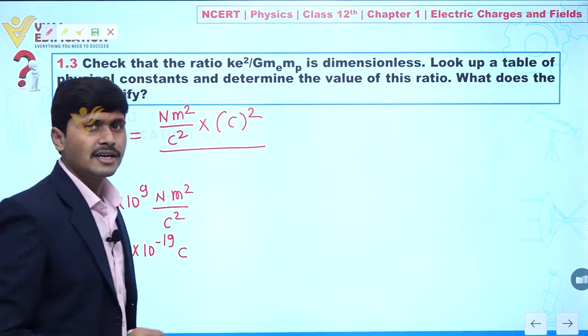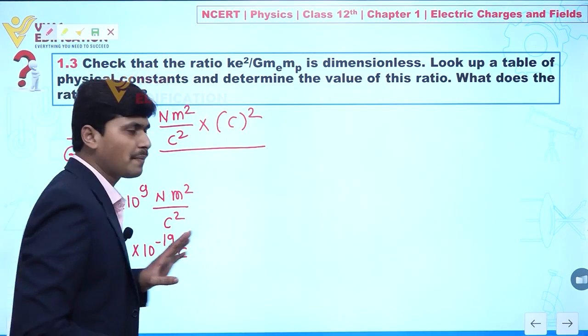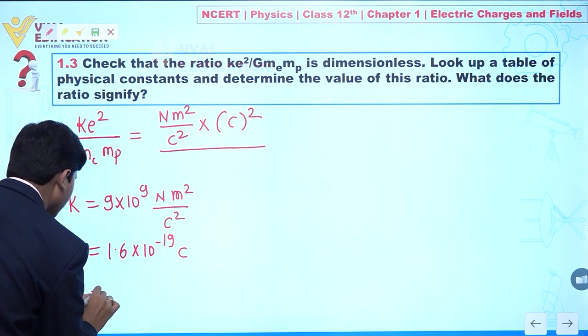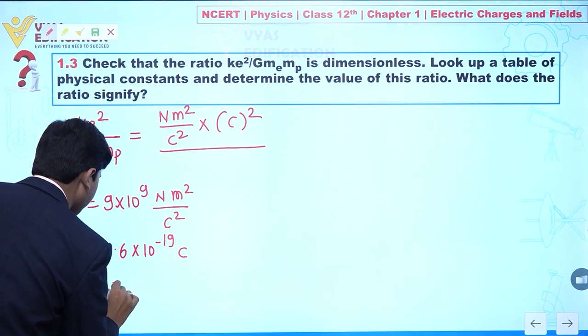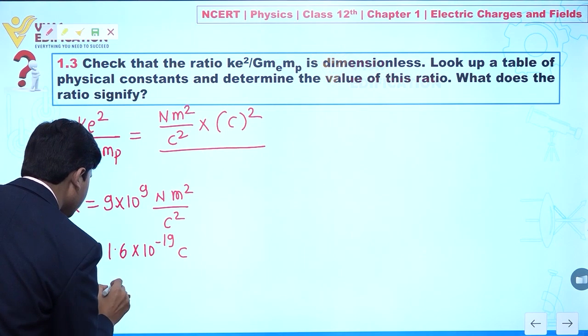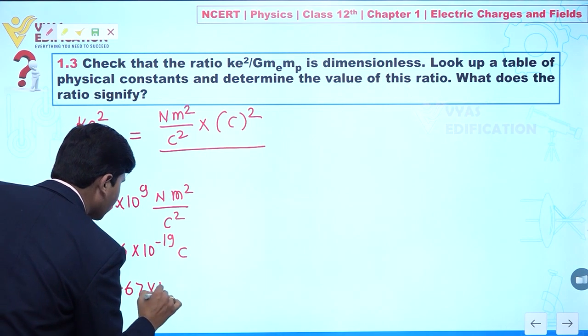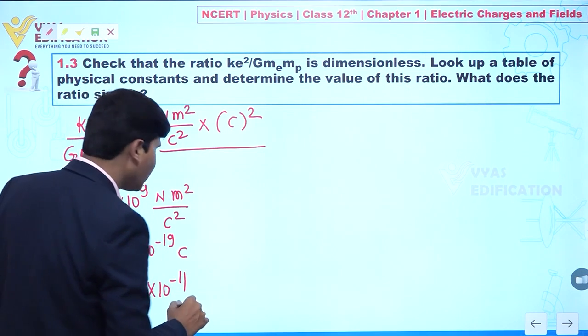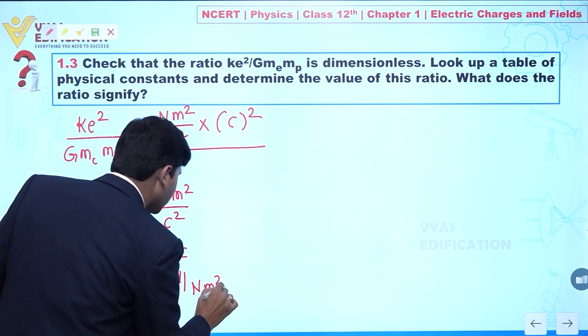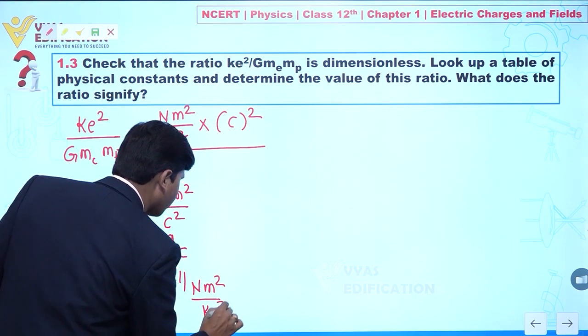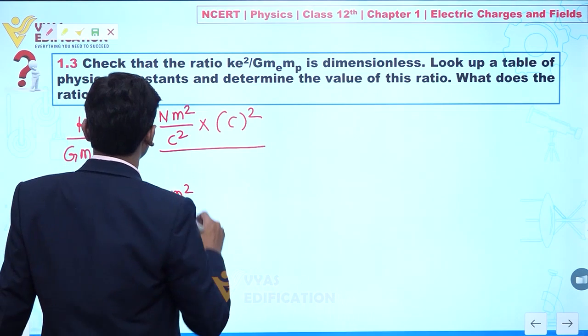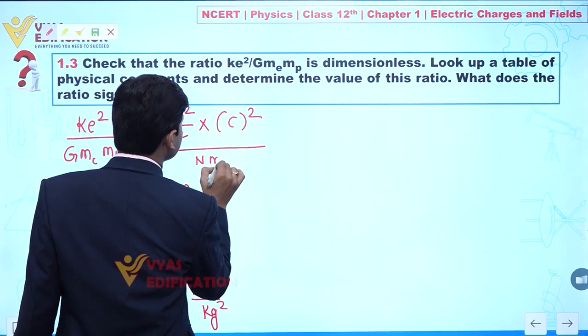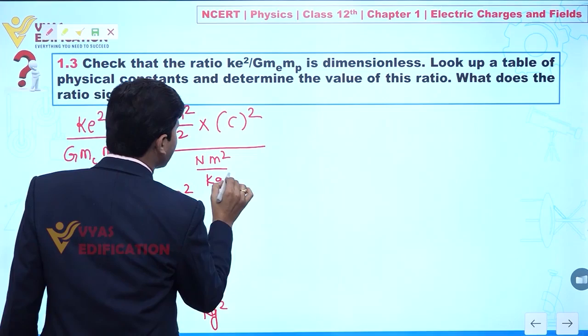Clear to everyone? Now the value of capital G is 6.67 into 10 to the power minus 11. Clear? And this is Newton meter square per kilogram square. Clear?